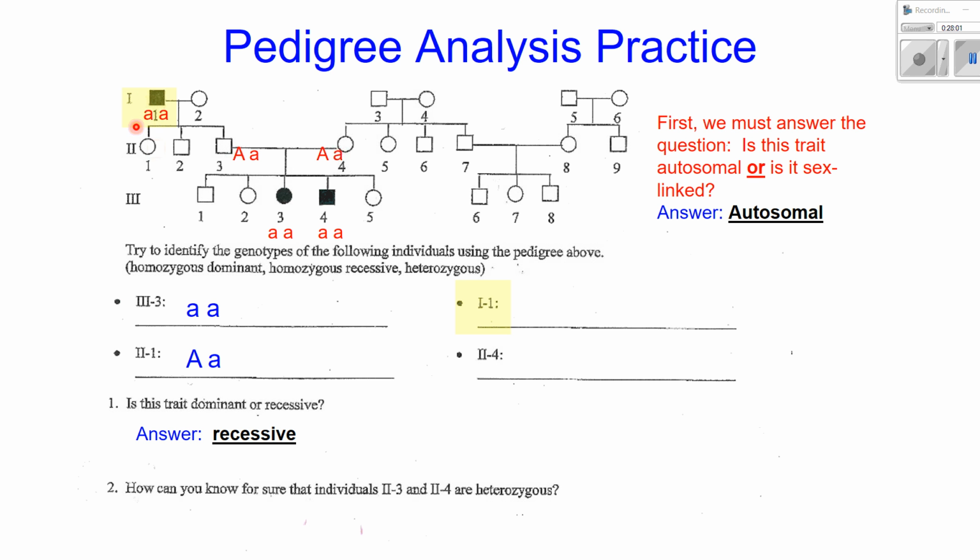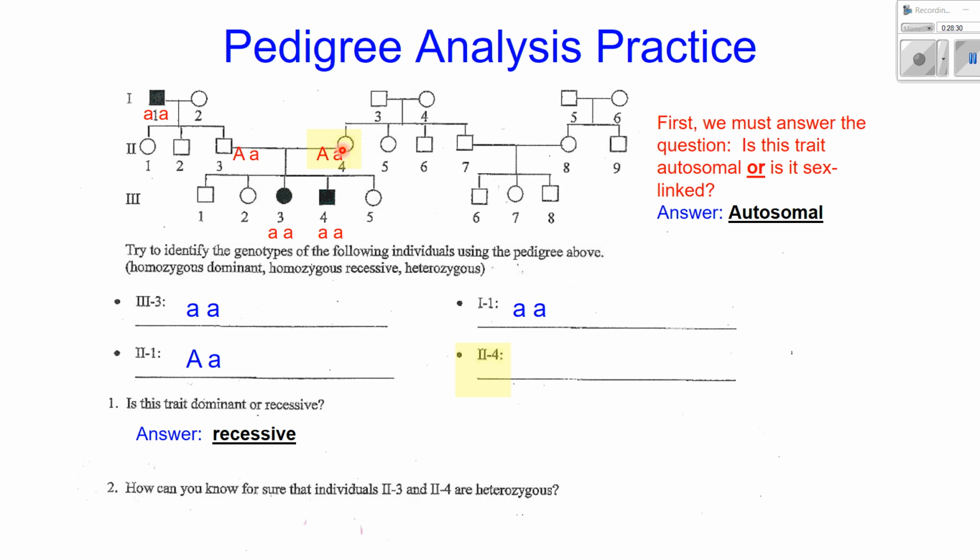1-1. Well, again, we've already kind of figured this one out. This is a person who is shaded in, therefore they have to be little a, little a. And then finally, 2-4, Roman numeral 2, person 4 is this person. You can see I've already filled it in. I knew this had to be a big A because it's not shaded in. It can't be little a, little a because it's not shaded in.